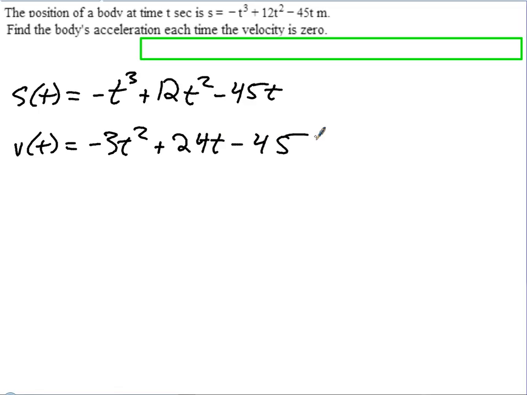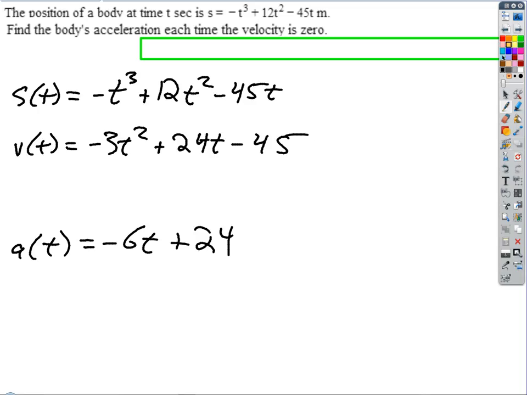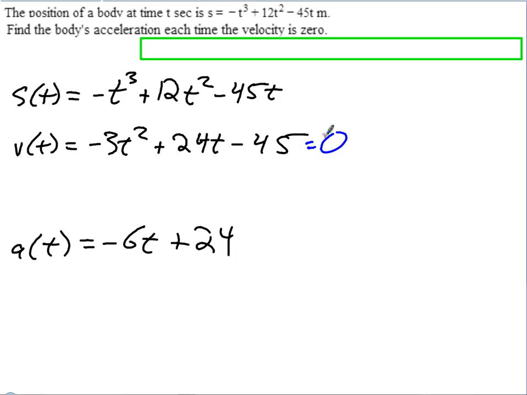Okay, and while we're at it, let's go ahead and calculate acceleration. If we just set this equal to 0, I bet that's even a factor, isn't it?